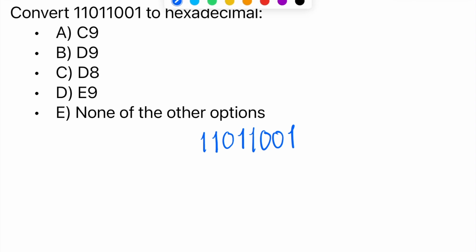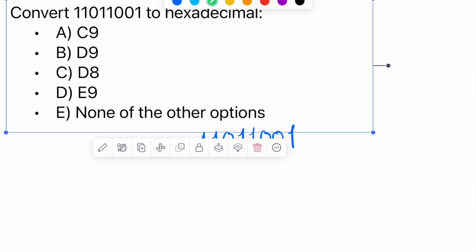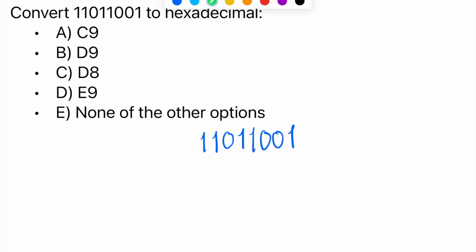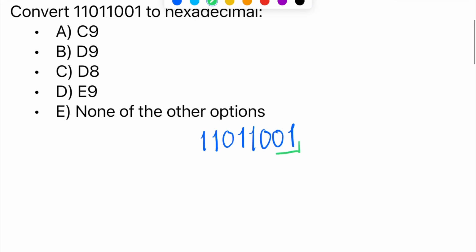The way I like to do this is actually pretty simple. What you want to do is split the binary number into groups of 4 bits from right to left, and then convert each group into its hex digit. So let's grab the first 4 bits here, and then these 4 right here.